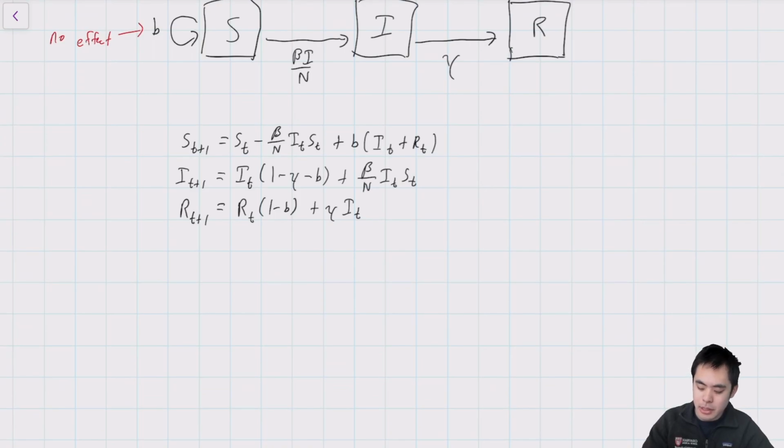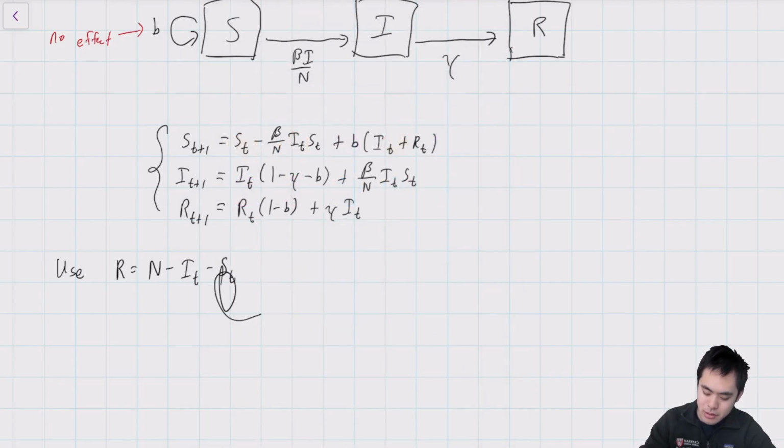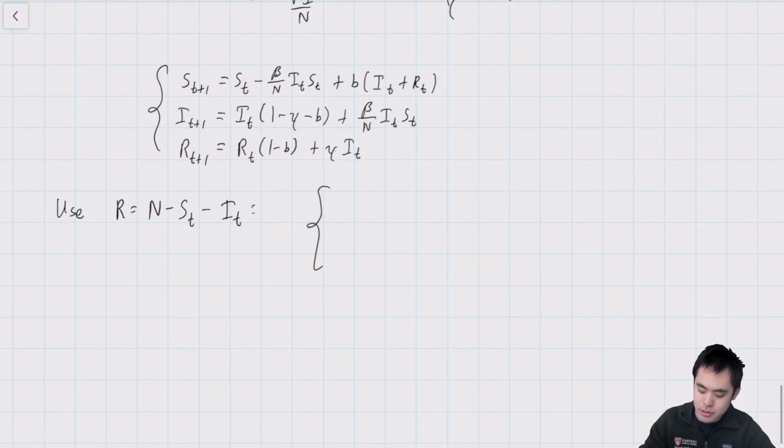Of course, we can again reduce to a system of two equations. Use r is equal to n minus I sub t minus s sub t. Actually, let's do it in a different order, s sub t, I sub t, just so we stay in the SIR order: n minus s sub t minus I sub t. That gives us a system of two equations.